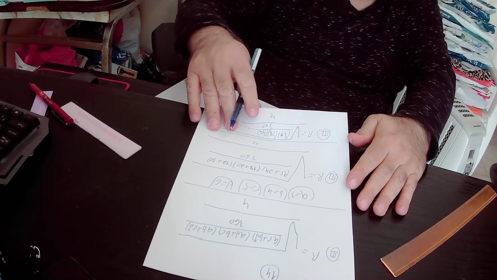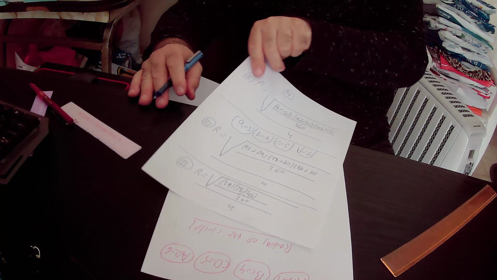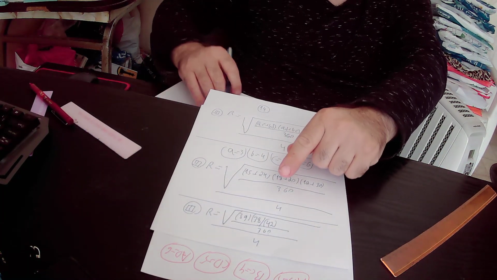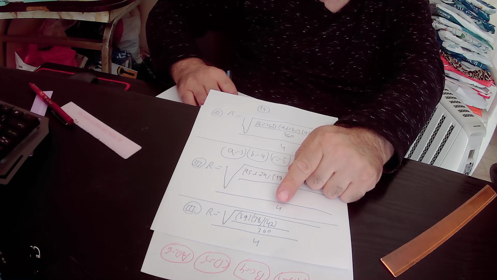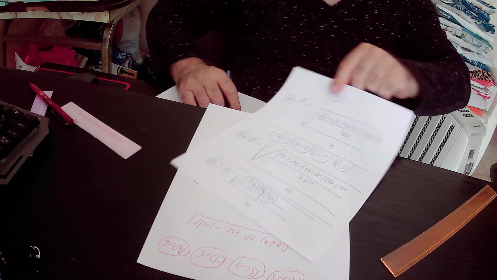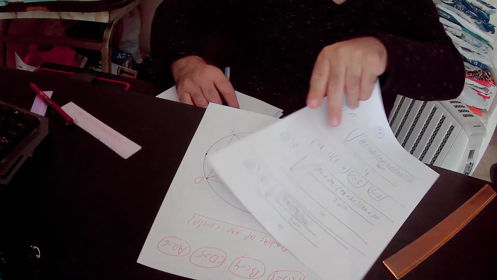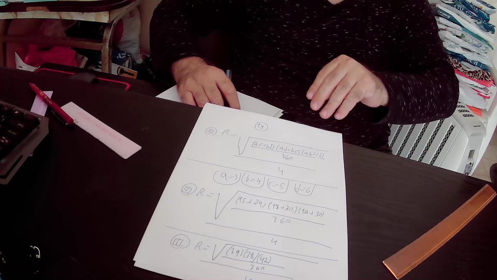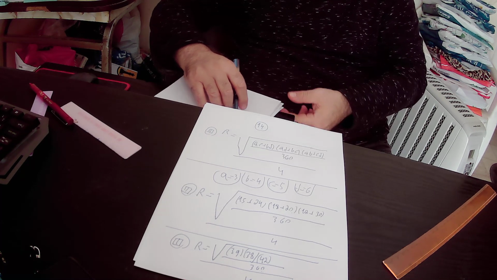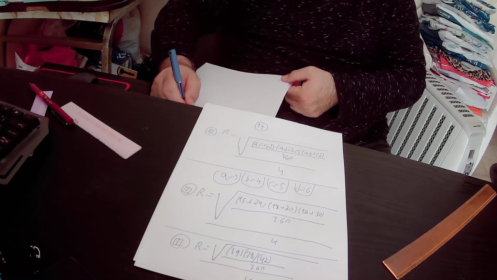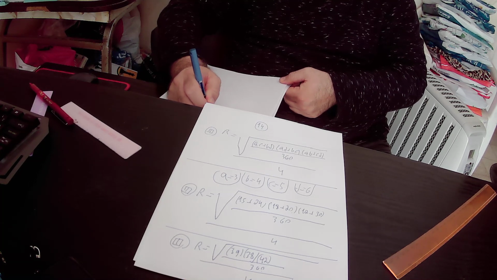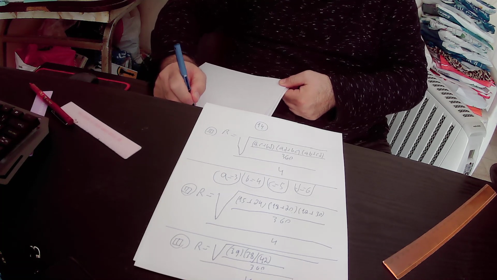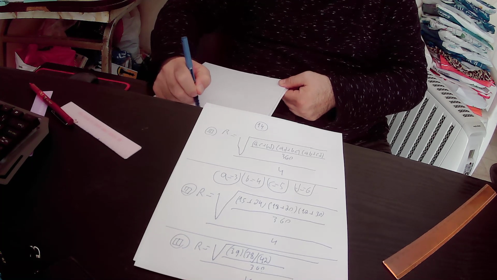Okay, so here, the root of 39 times 38 times 42 over 360 equals 172.9. Okay, so R equals the root of 172.9 over 4.